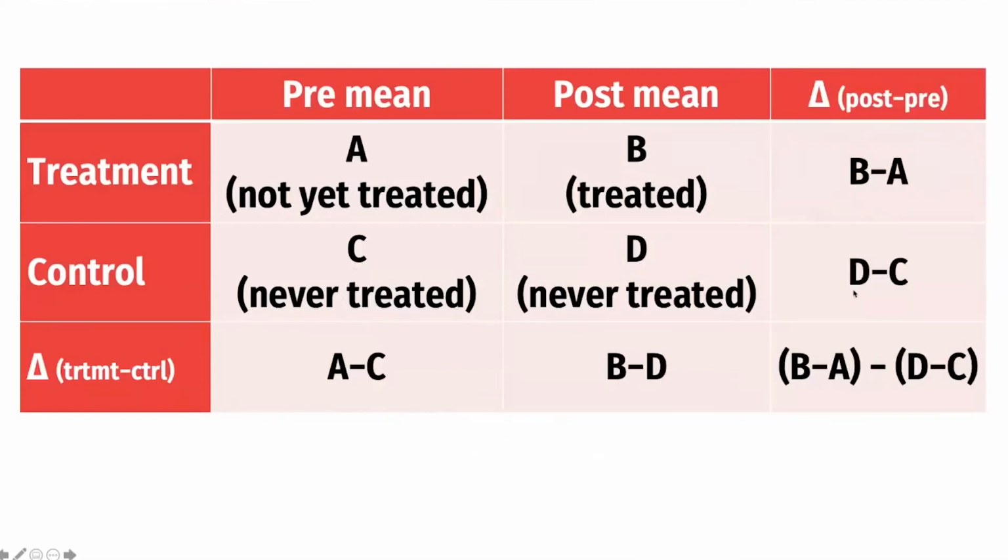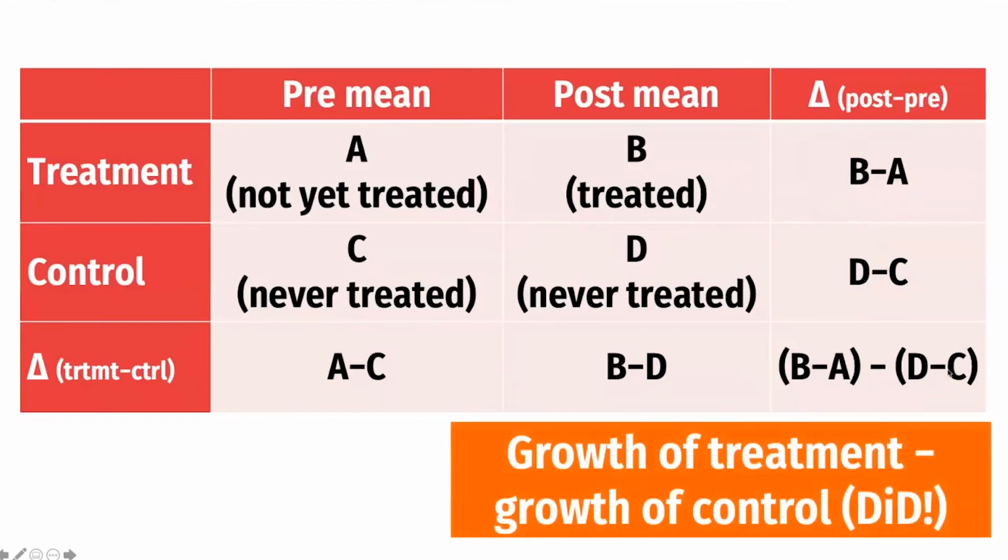You figure out the difference in New Jersey before and after, and the difference in Pennsylvania before and after. If you find the difference in those differences, so this B minus A minus D minus C, that corner right there is the causal effect. That is incorporating both the difference in treatment and control and before and after.